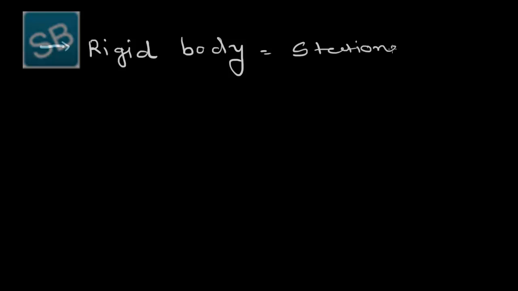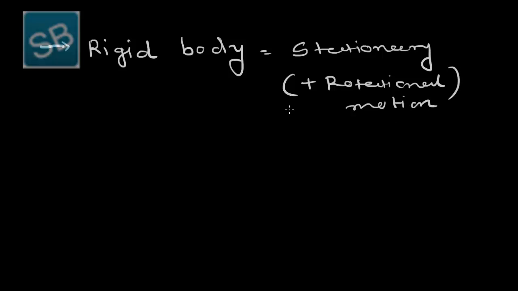Now suppose the rigid body is stationary, and it will remain stationary if it is performing rotational motion. So in the normal case it is stationary, as well as in the rotational motion the rigid body is stationary.